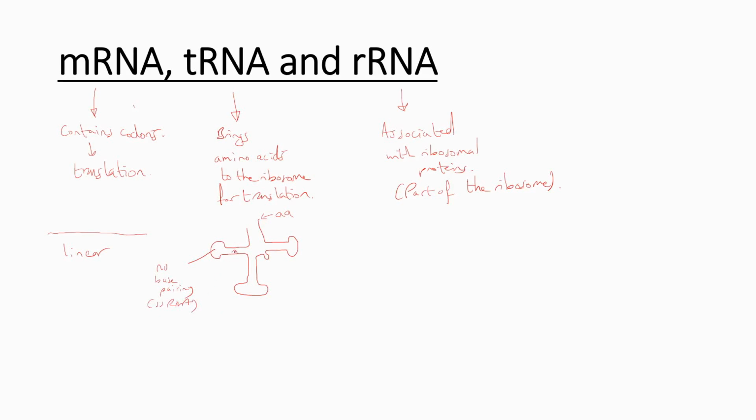Then we have these regions here which are double-stranded regions of the RNA, and this is a particular feature of the tRNA molecule. We also have what we call an anticodon loop. And here we have the anticodon, which is a sequence of 3 RNA nucleotides next to each other, and they will complementary base pair to a specific codon in mRNA. And this will be dealt more in the video covering translation, which I will do later.